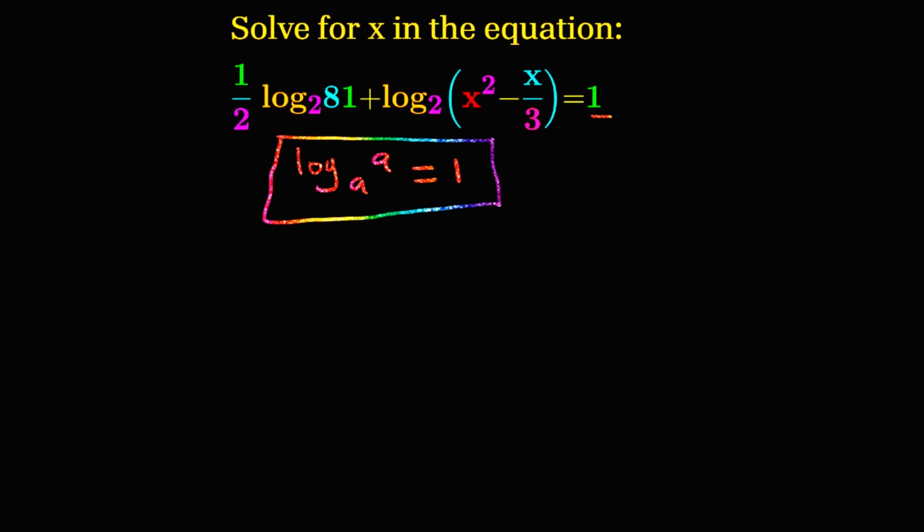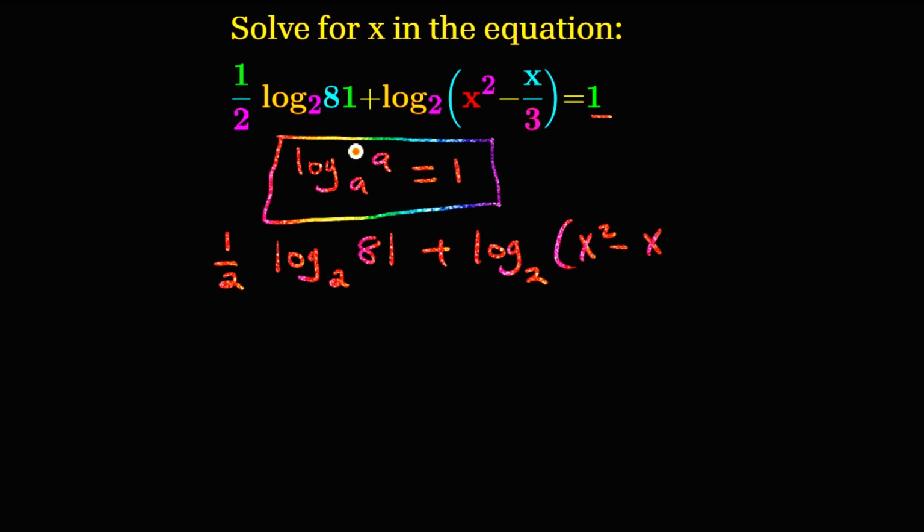So we can write our equation as half log to base 2 of 81 plus log to base 2 of (x squared minus x) over 3 equals log to base 2 of 2.